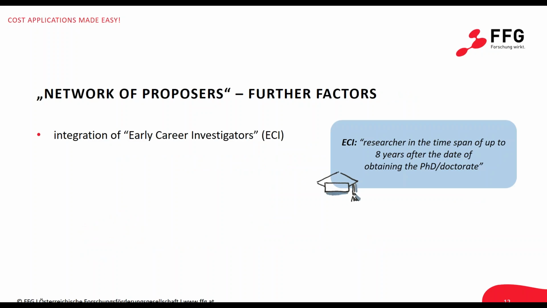Another thing is the integration of early career investigators, as they are called, ECIs. It's basically a term for early stage researchers, young researchers, however you want to subsume the group of people here. We have a definition at COST, which says researchers in the time span of up to 8 years after the date of obtaining the PhD doctorate.